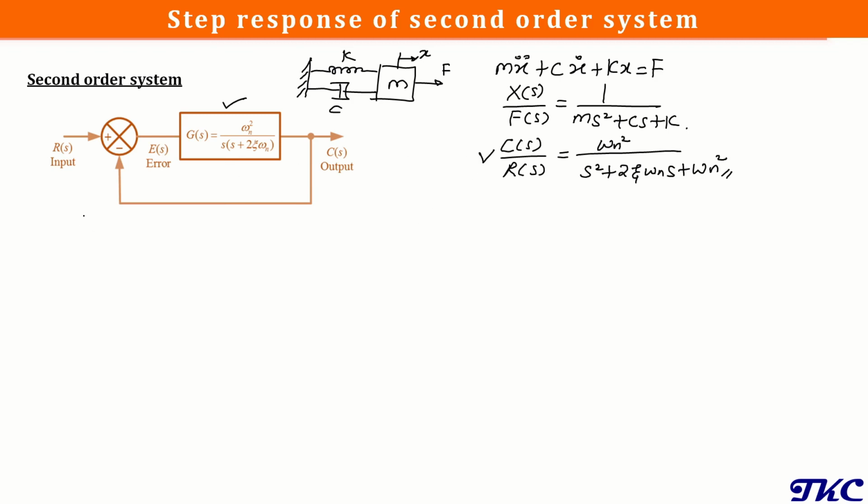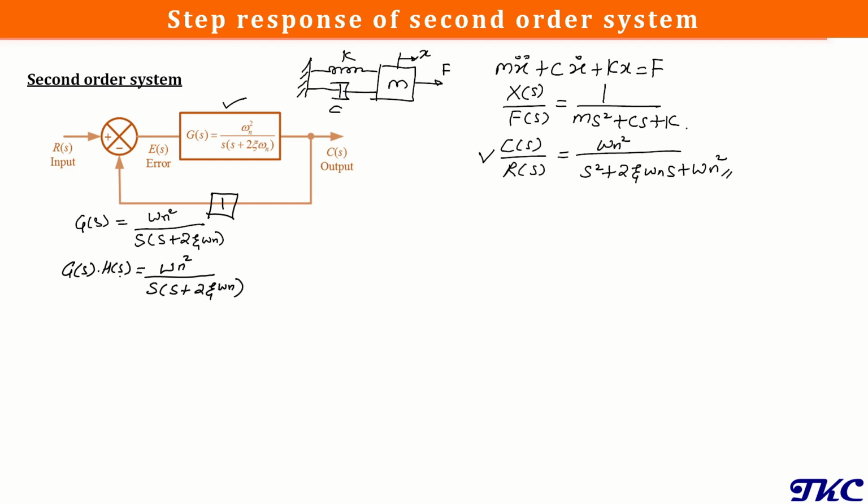So let's derive that. We have G of s equal to omega n square divided by s plus 2 zeta omega n. We can also consider H of s, which is unity. So we will have the transfer function G of s into H of s, and it will be equal to the same value, omega n square divided by s in bracket s plus 2 zeta omega n.